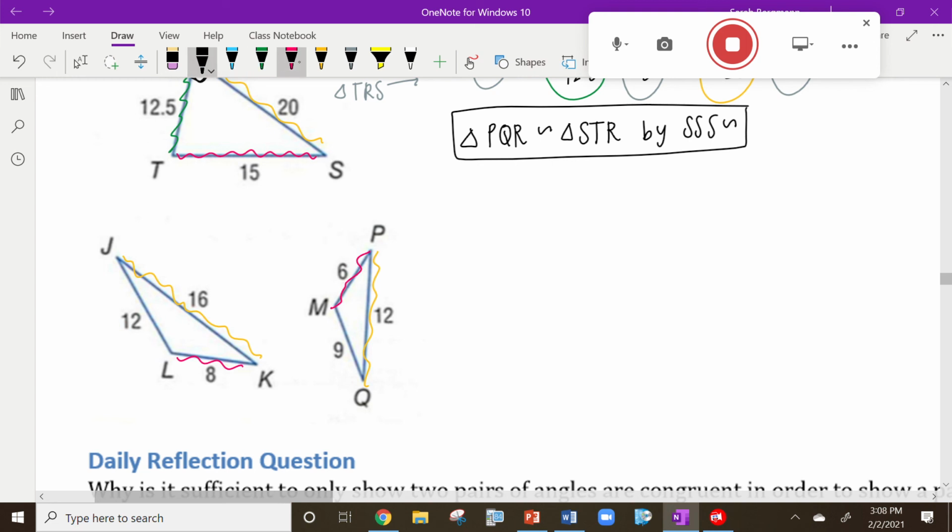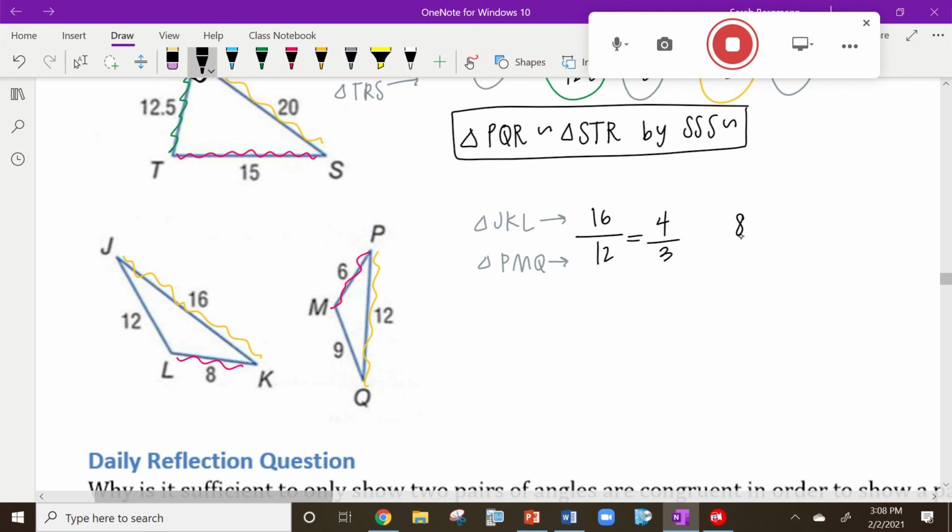So we'll do triangle JKL in the numerator, and we'll try triangle PMQ in the denominator. So JKL, we'll go with JK first, 16. I think that corresponds to PQ, which is 12. Those are both divisible by 4. It gives me 4/3.